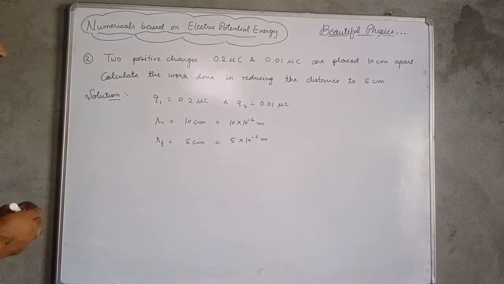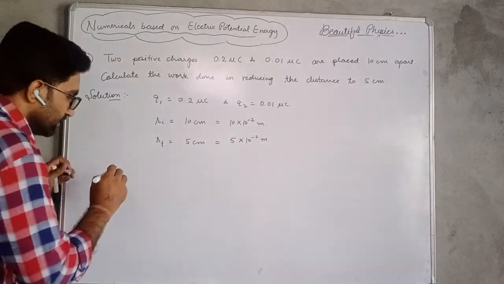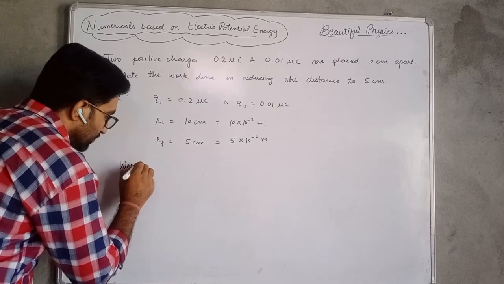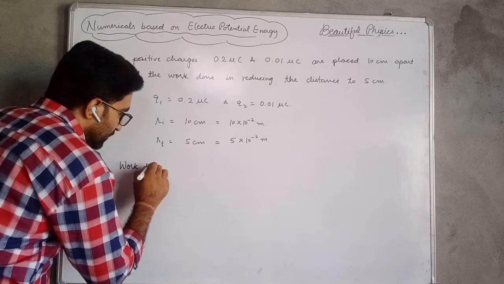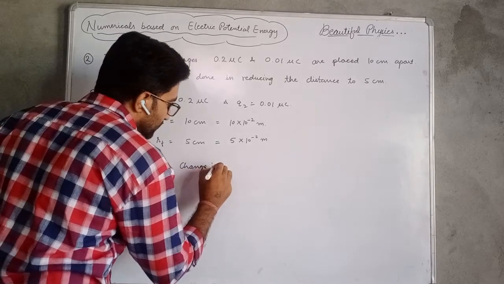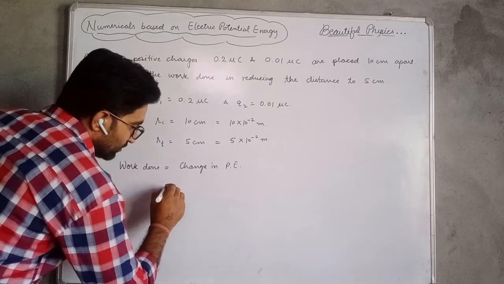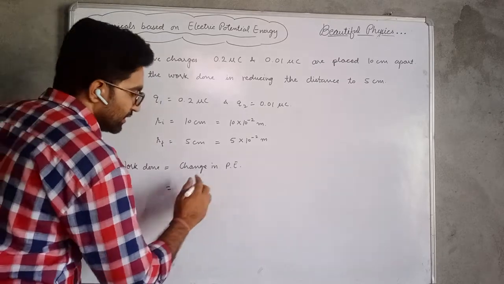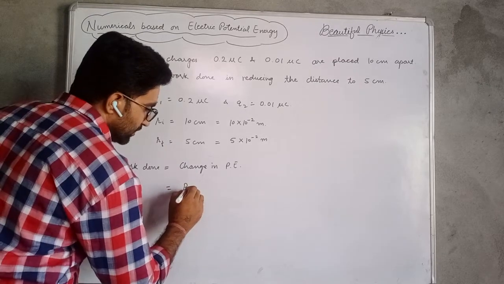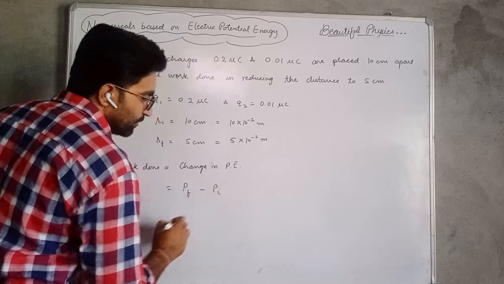Okay. So here the work done in reducing the distance will be equal to the change in potential energy. To find the change in potential energy, we have to find the final potential energy minus the initial potential energy.